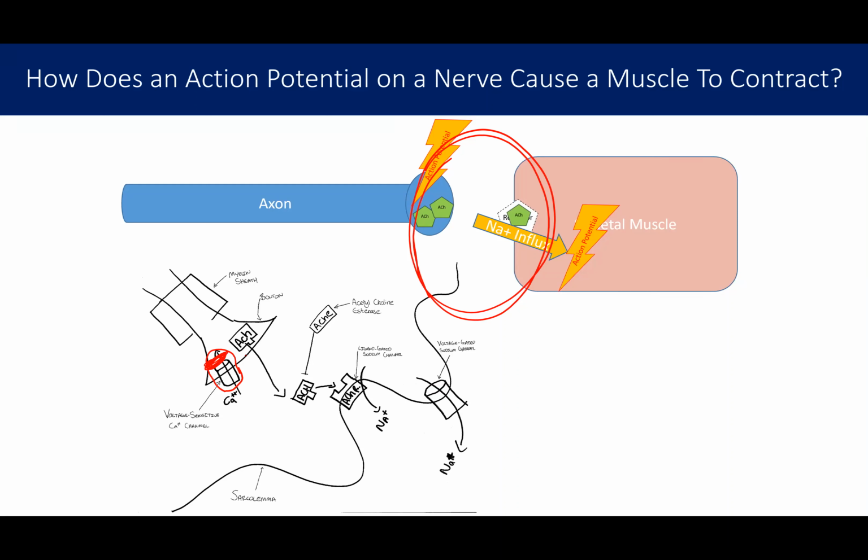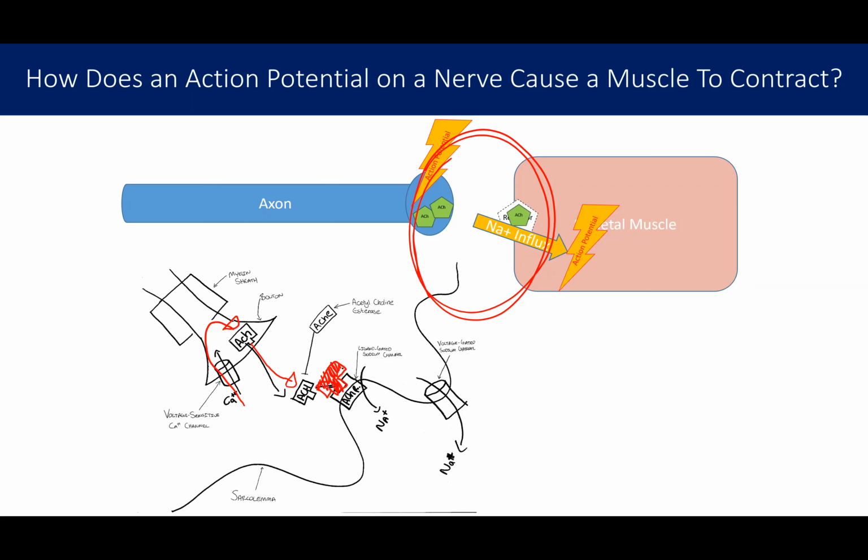As soon as the voltage flips with the action potential, calcium goes into the neuron, and that influx of calcium, through a series of steps, will cause acetylcholine to be kicked out. Acetylcholine goes out into the neuromuscular junction, and in order for it to do anything, it has to bind to the receptor. You have these receptors on the outside of the muscle. So the acetylcholine goes and binds onto here. It looks something like this.